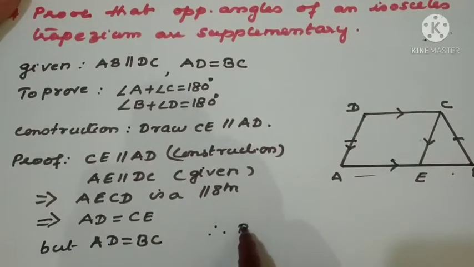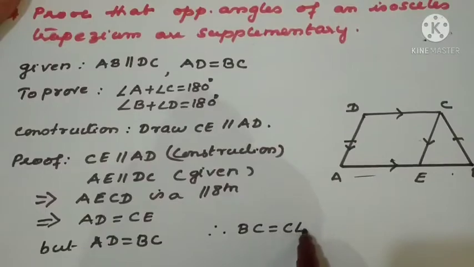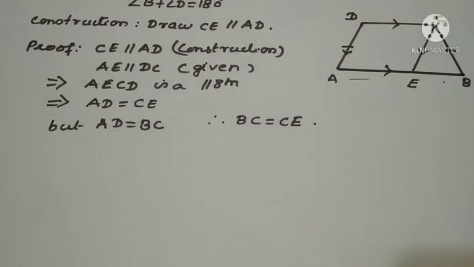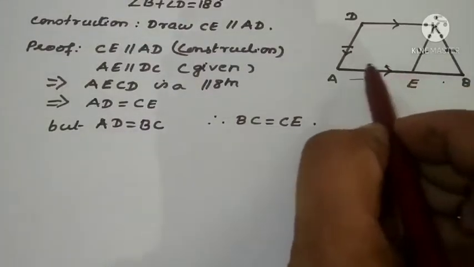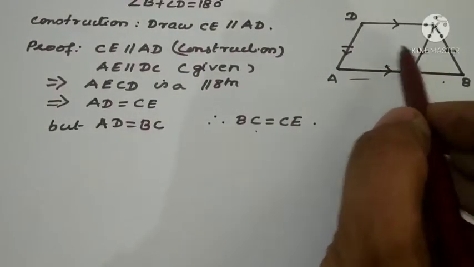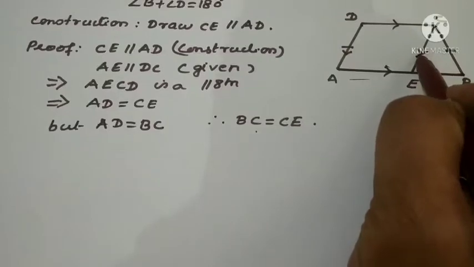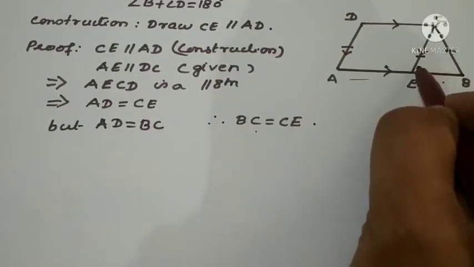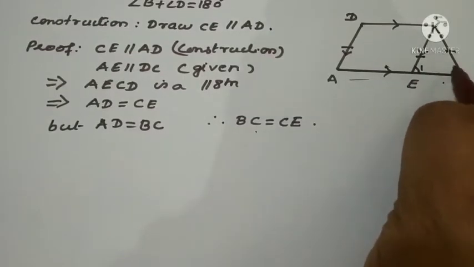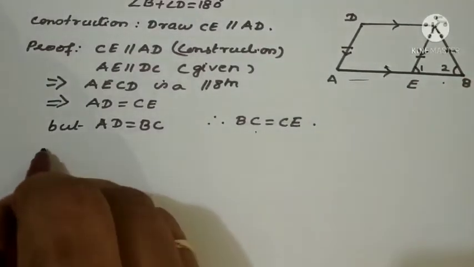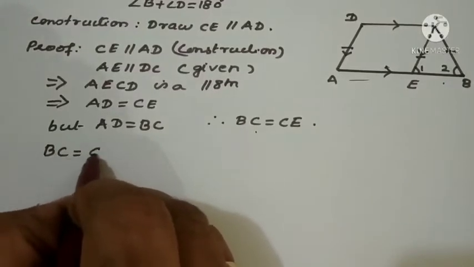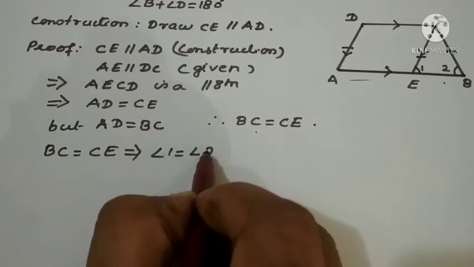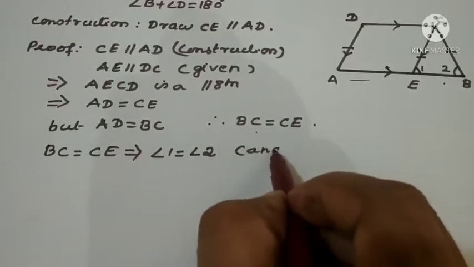Therefore, BC equal to CE. Now let us mark the angles by number. So BC and CE are equal, and I am marking the opposite angles as 1 and 2. So BC equal to CE implies angle 1 equal to angle 2, angles opposite to equal sides.